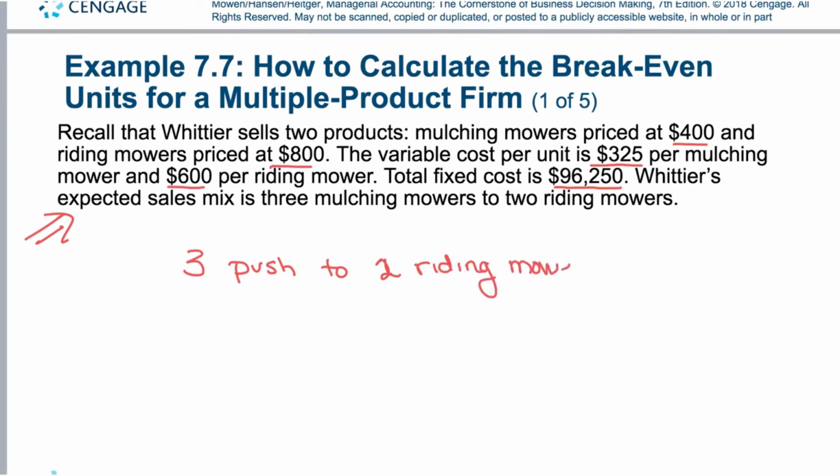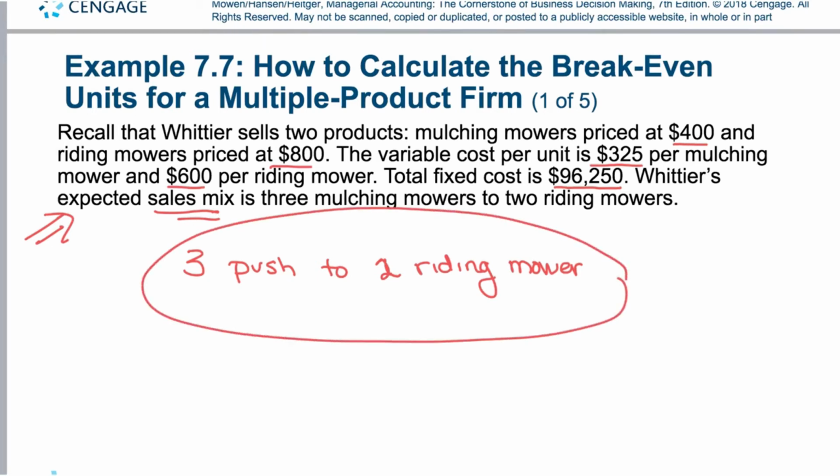Right, so in every 3 push mowers they sell, they are going to expect to sell 2 riding mowers. So this is our sales mix. This is the ratio or the relative concentration of our 2 products in a bundled package that we can then use as the basis for our analysis.